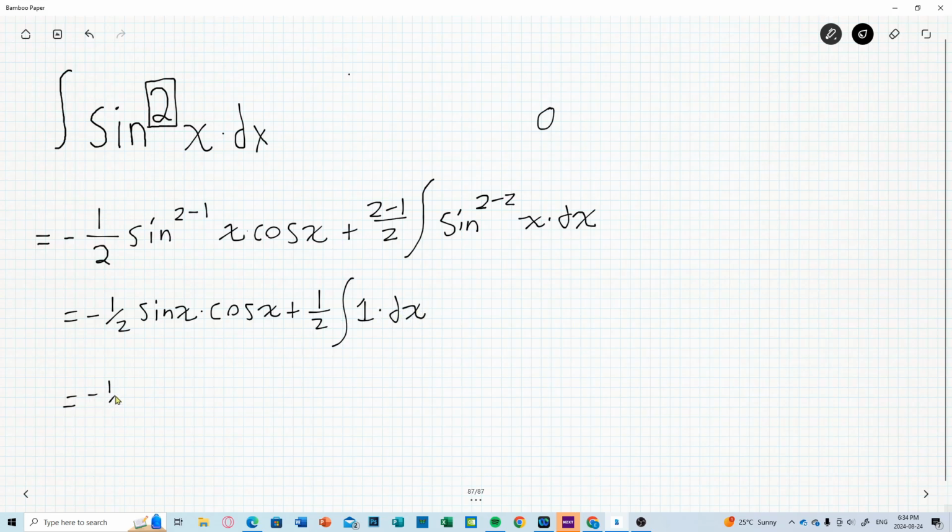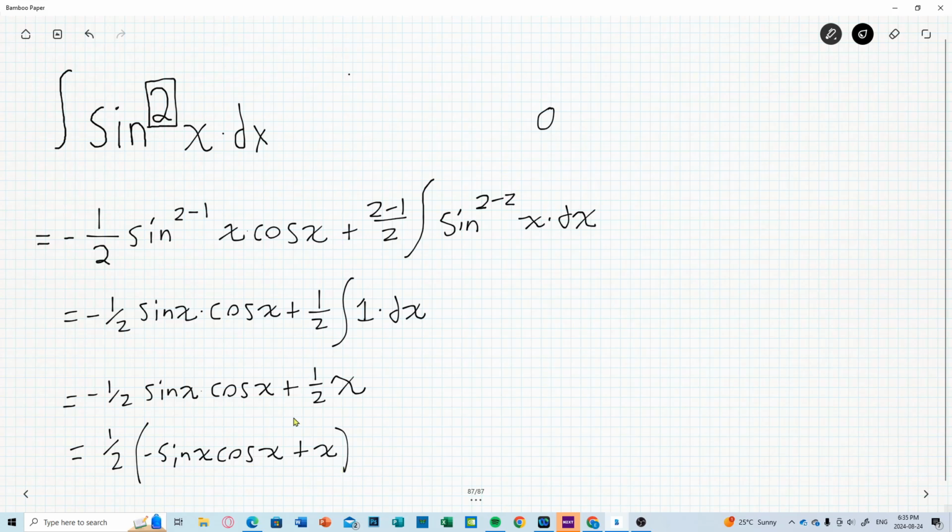Now, this gives us negative 1/2 sine of x multiplied by cos of x plus 1/2, and the integral of 1 just becomes x. And if you really want to, you can factor out the 1/2, giving us 1/2 of negative sine of x multiplied by cos x plus x.